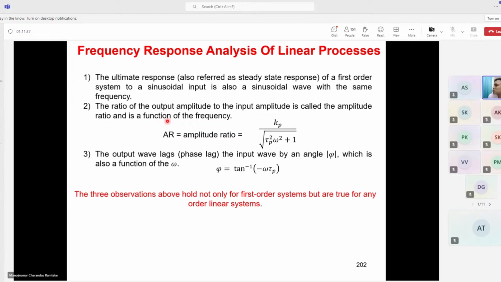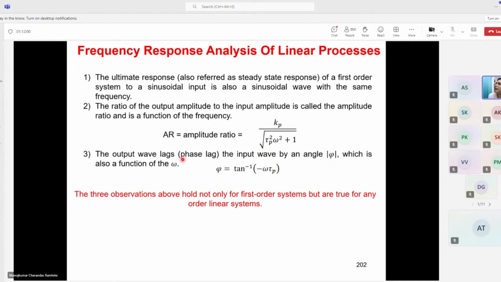So the amplitude ratio will be given by Kp divided by under root tau p square omega square plus 1. And the phase lag in this case will be given by tan inverse of minus omega tau. Now the important conclusion we can draw here is, this is for a first order system.